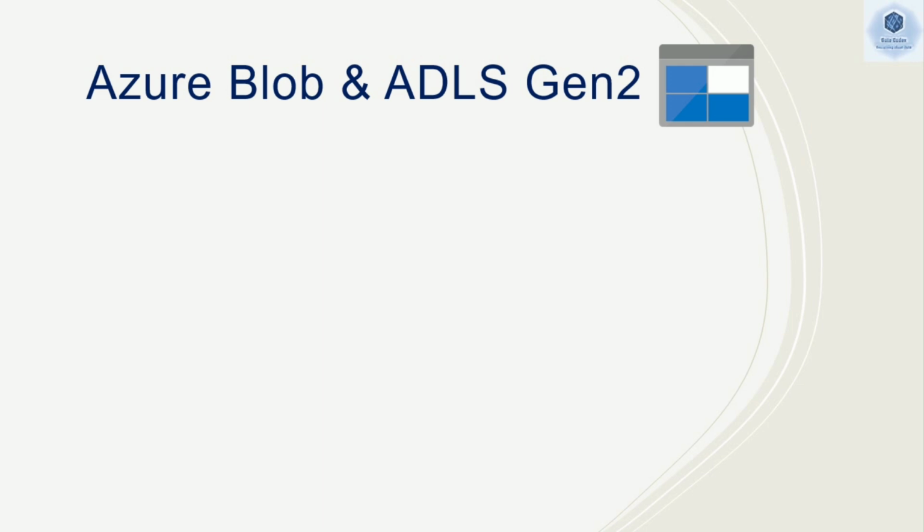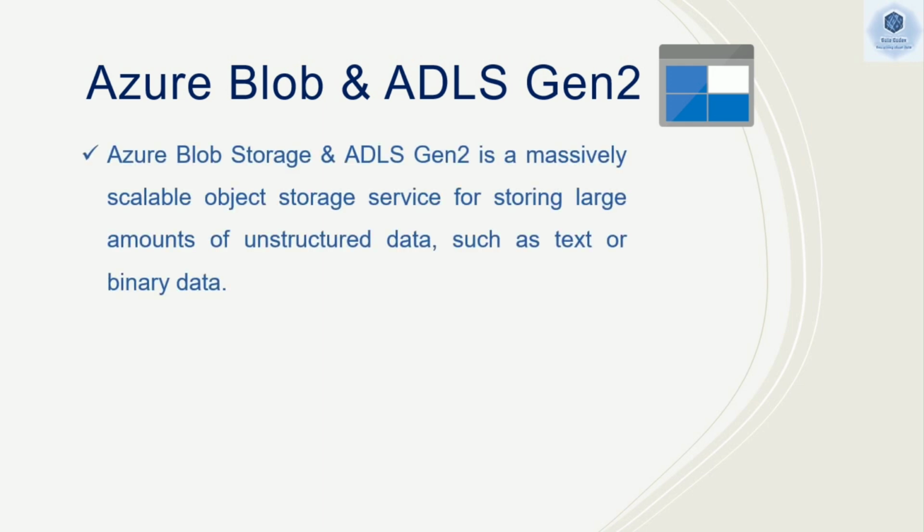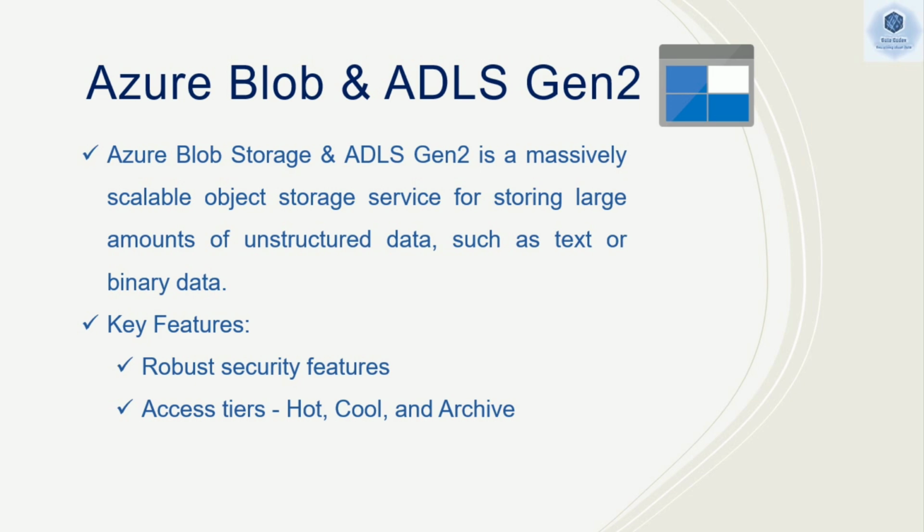In our demonstration we are going to perform a copy activity between Azure Blob Storage and ADLS Gen 2. Let me give a quick overview of ADLS Gen 2 and Blob Storage. Both are storage services provided by Azure, where you can store your files securely, with high security, and it is highly scalable. You can store unstructured or semi-structured files, audios, videos, anything in a blob storage or ADLS Gen 2 account.